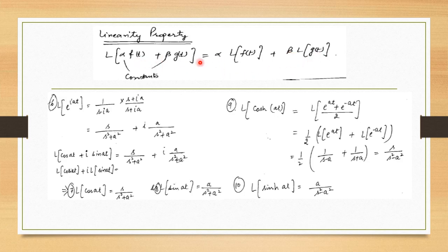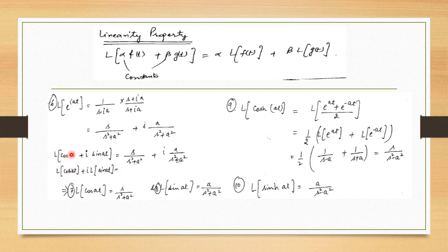So you can take the constants outside, and you can easily verify this by taking the left hand side, applying the definition of the Laplace transform, and in the integral you can take the constant outside and you will get the right hand side. So the Laplace transform satisfies the linearity property.